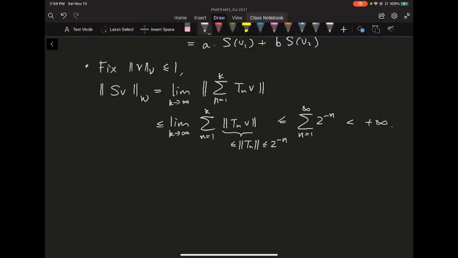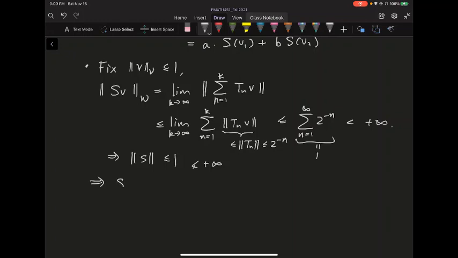This constant doesn't depend on V, so the operator norm is bounded above by the same constant. If you evaluate, that's just equal to 1, so S is bounded above by 1. In particular, it's less than infinity.